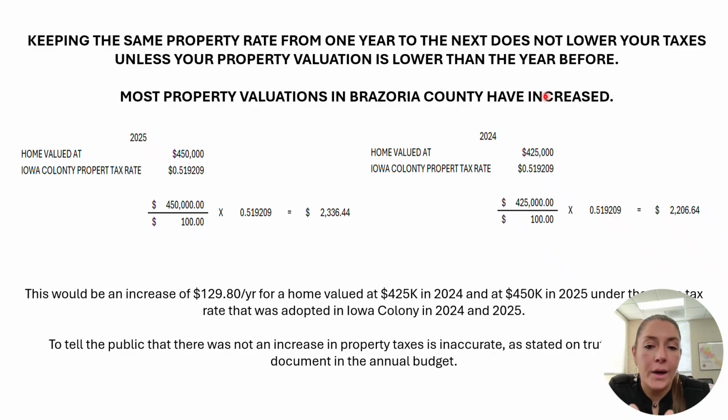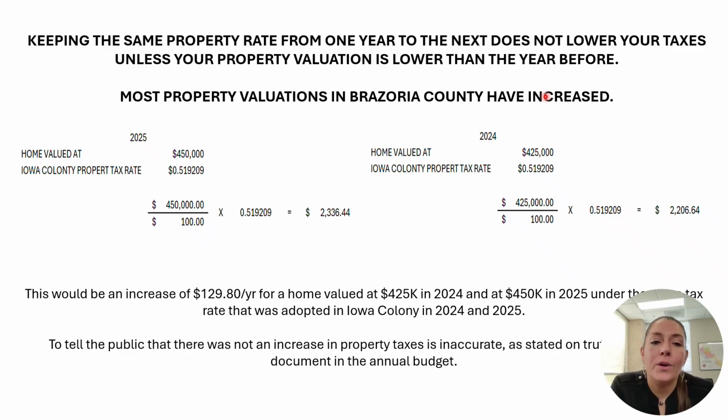If you divide $425,000 by $100, multiply it by the tax rate, you get $2,206.64. You take that same tax rate in the following fiscal year, and it is $2,336.44, which is about $130 a year increase.